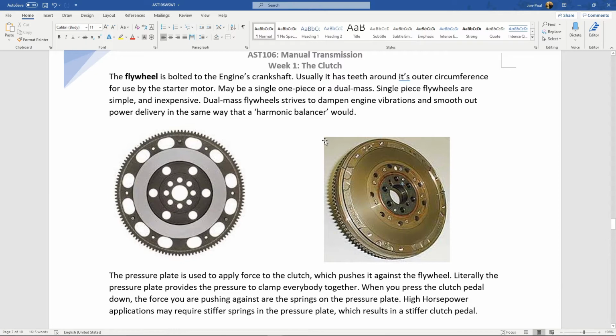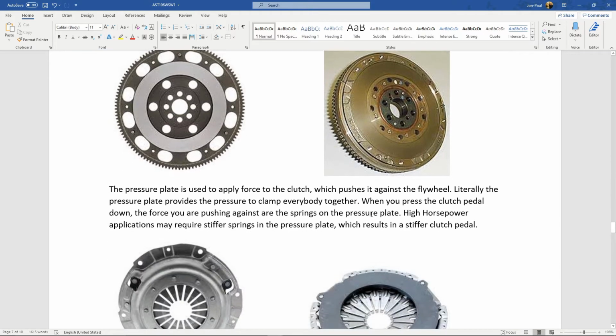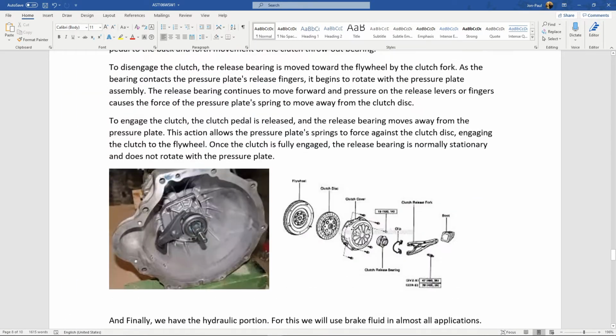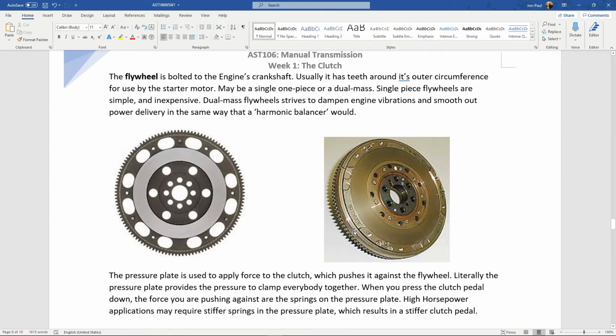Right here, I've got two pictures. This one over here is a dual mass. Anyway, when we get back to the class, I have them on the table to show you. The only way you're going to be able to tell the difference, because otherwise they will look the same, is to imagine that instead of this ring here, the mating surface, it was just stamped steel.